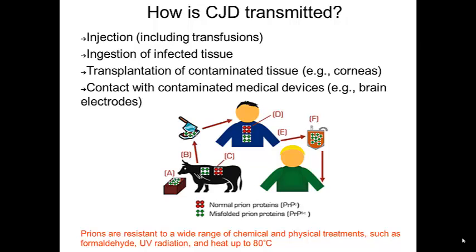And finally, contact with contaminated medical devices, brain electrodes, for example, that have been inserted into a person who has been infected with CJD, and now that CJD prion can be transferred to another person via the contaminated electrode.